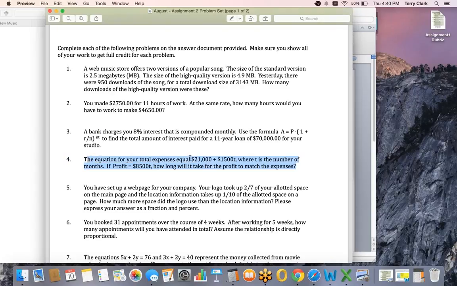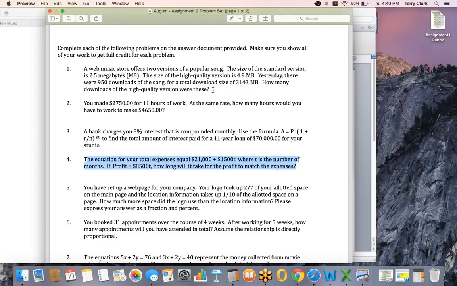You can work this one as a system, or you can work it as an equation. This one can be more like an equation, because if it's a break even, that's where the revenue and expenses equal each other. So that's just going to be a regular equation, really.